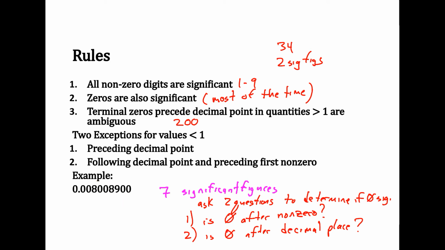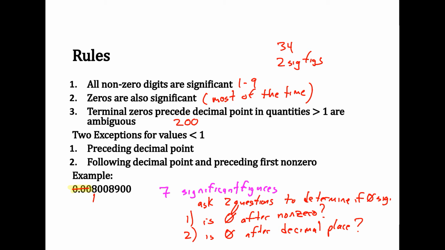So let's relook at this example over here. All right, these first zeros, the very first 0, is it after a non-zero? Well, no. Is it after the decimal place? No. The next two zeros here in the 10th and 100th spot, is it after a non-zero? No. So these are not significant. All right, 8 we know is significant.